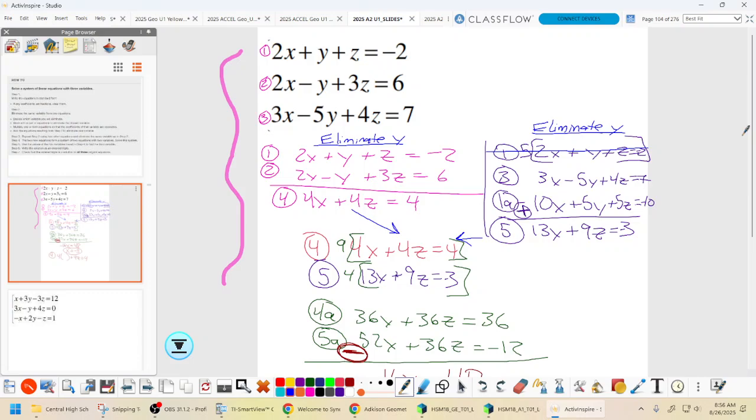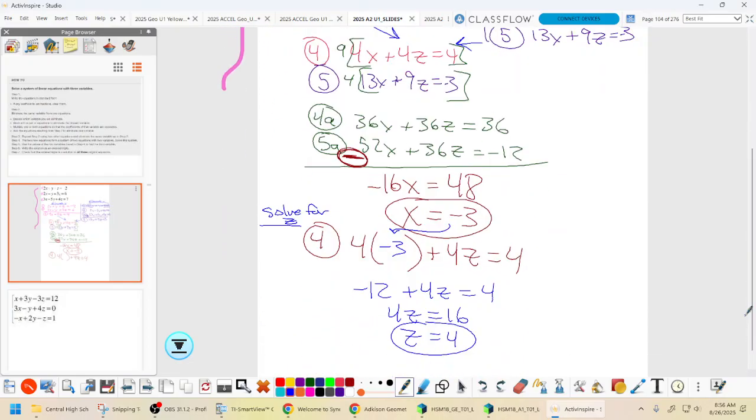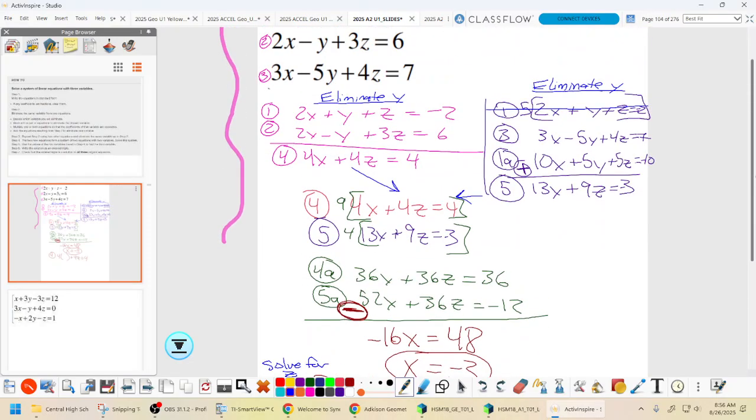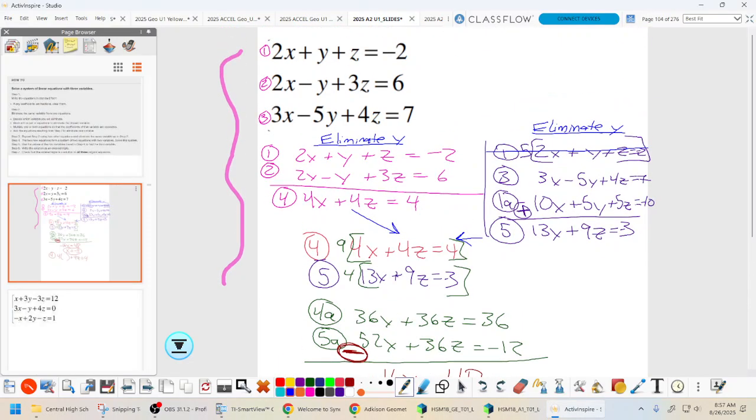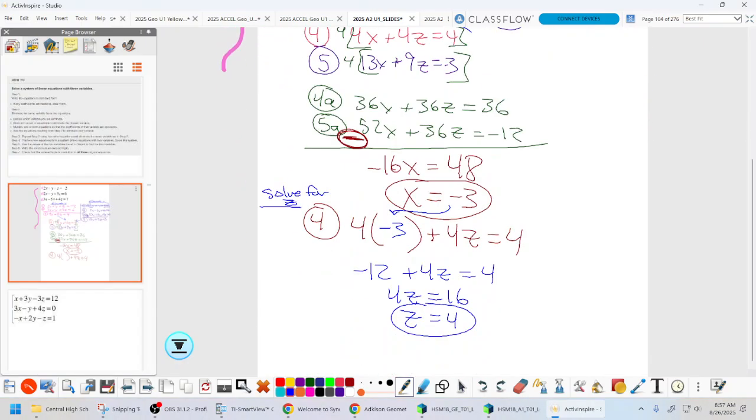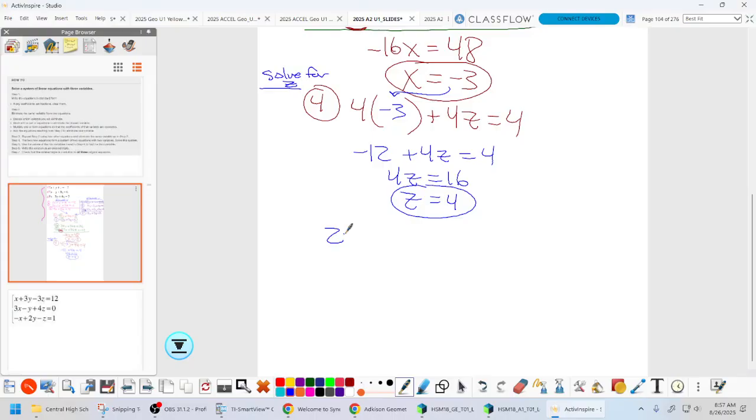So let's, I think, go there. Help me remember 2x plus y plus z equals negative 2. So now we are solving for y, solve for y.